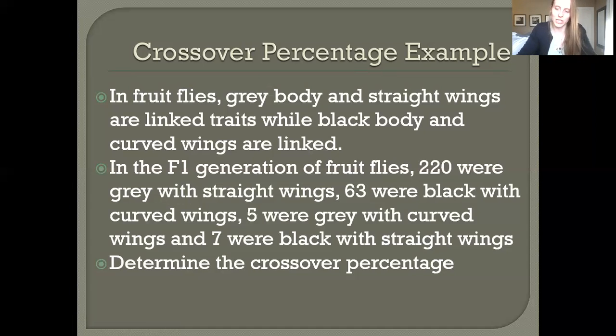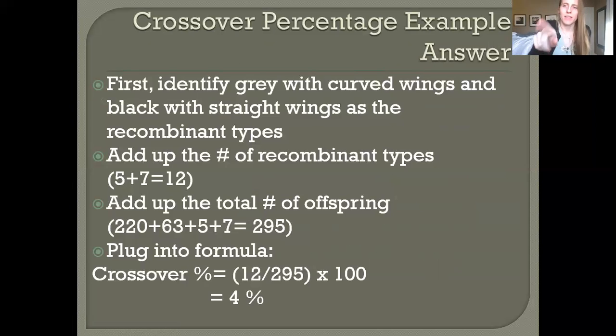So our crossover percentage is 4%. Again, all that I'm doing there is taking the number of recombinations, which is the 12, divided by the total. So that's the 220 plus the 63 plus the 5 plus the 7. We divide and then multiply by 100. Okay, that's all that this slide is showing as well. So our recombinant types are the 5 plus the 7, the total, add everyone together, divide, and get 4%.